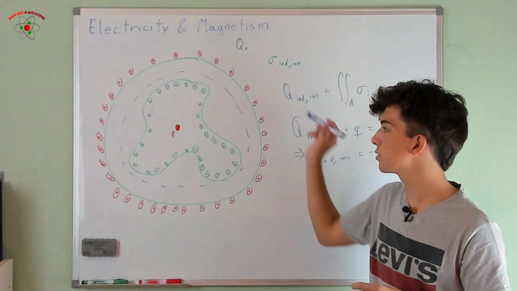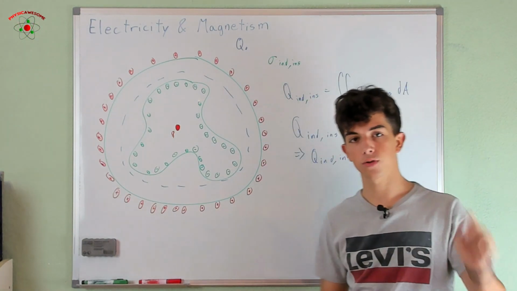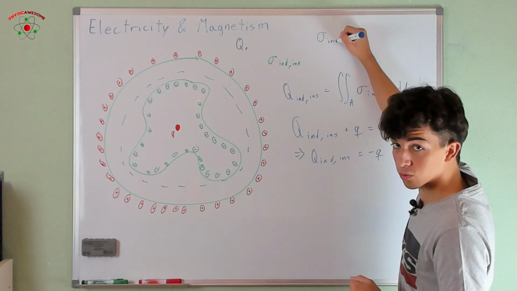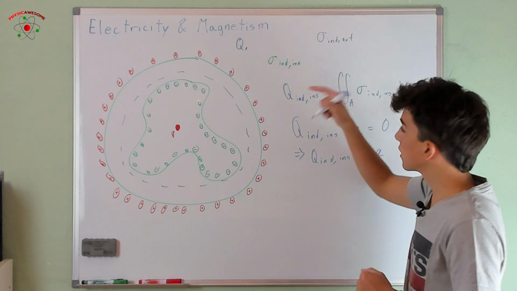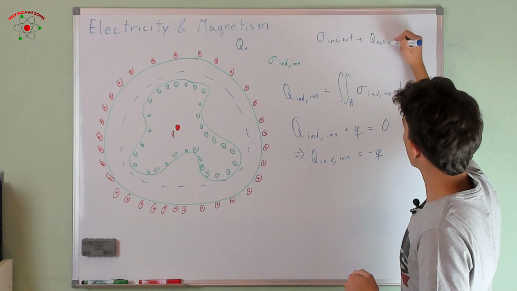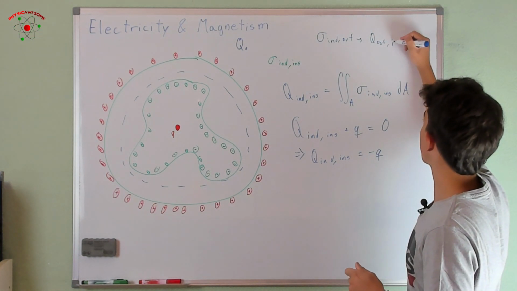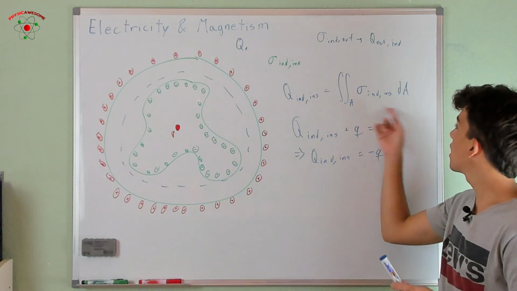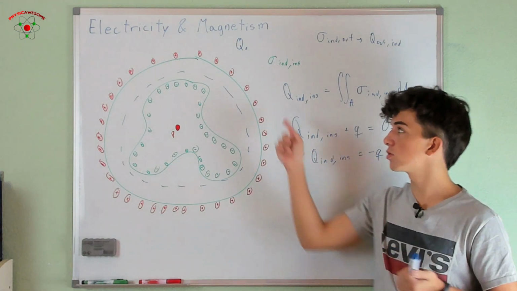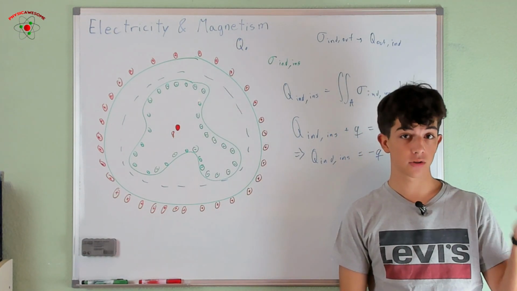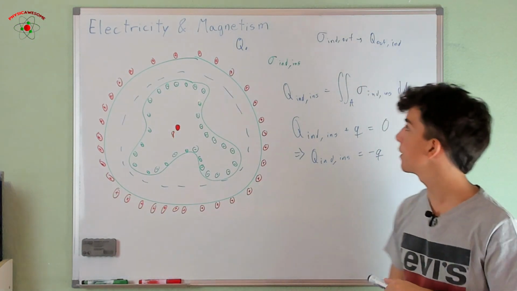And this superficial outside positive induced charge density is going to create a charge in a similar manner. So Q outside induced, well, I swapped the indices, but it doesn't matter. That is going to have a very similar form, but to another surface, the outside surface.